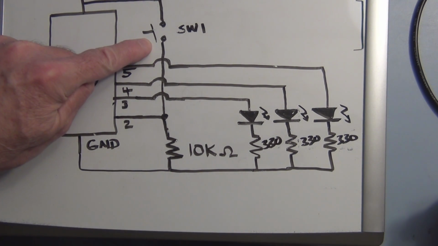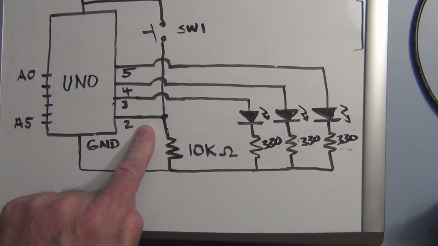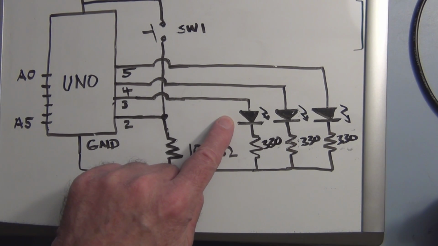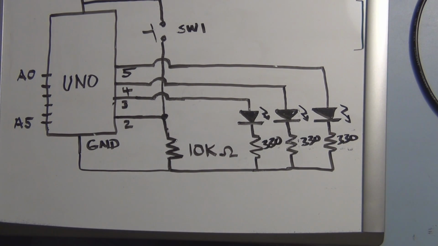When we press the switch in and we then see 5 volts on pin 2, we want the green LED to go off, and we want the two red ones to alternately flash on and off. And that's all accomplished in the code, in the sketch that we upload to the Uno.